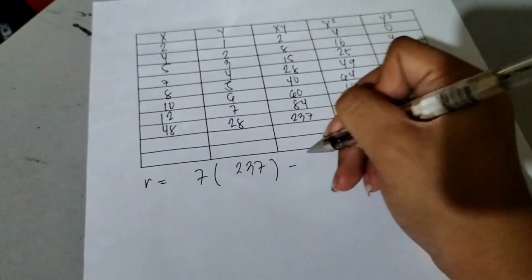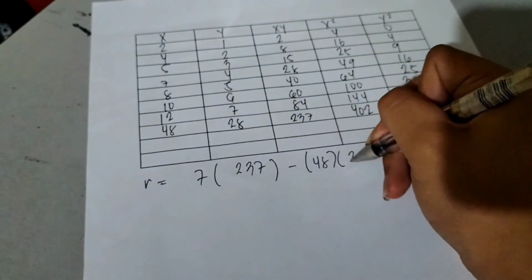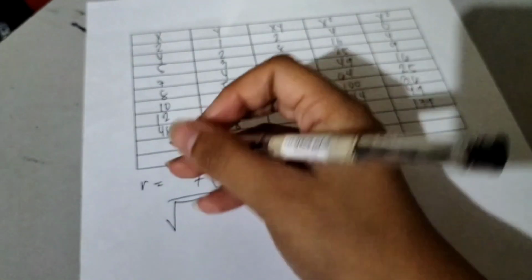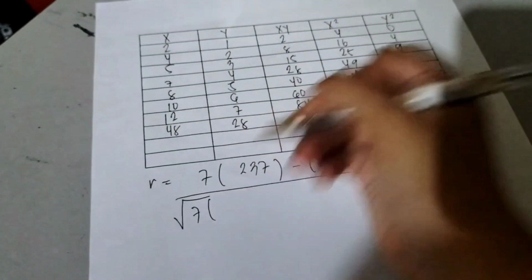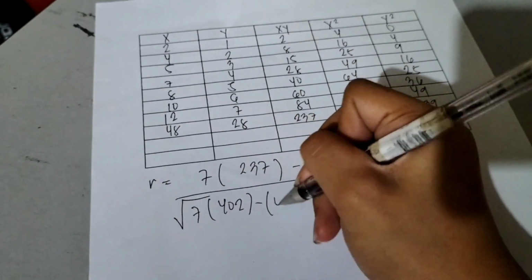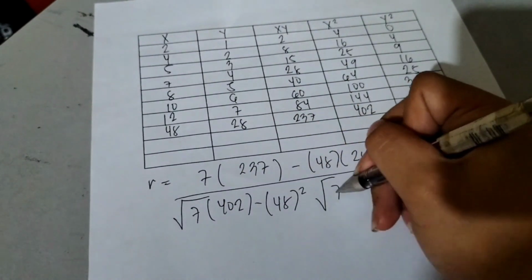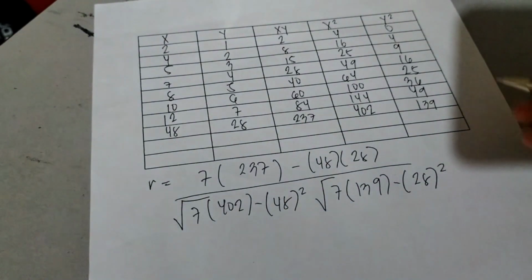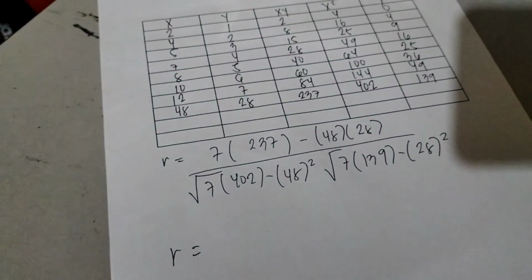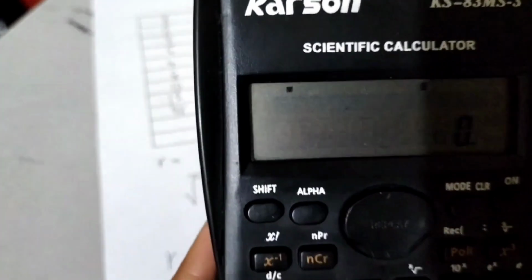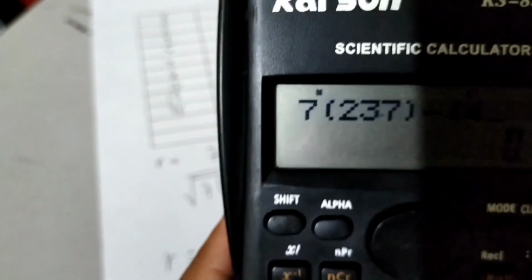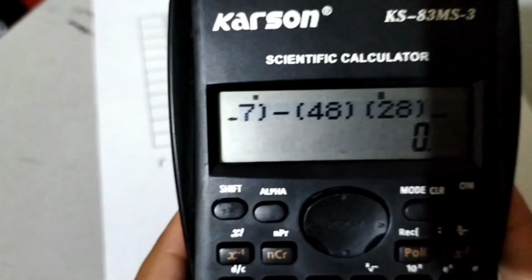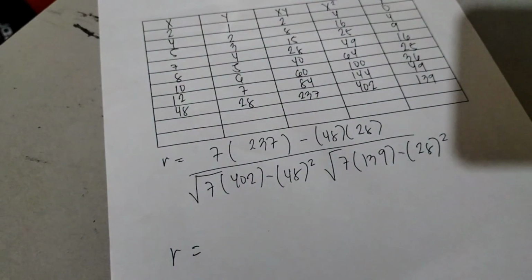So, sample size, open parenthesis, total ng xy minus open parenthesis, total ng x and total ng y. And sa denominator naman, square root, sample size, open parenthesis, total ng x squared, and then yung x, then sunod sa y part ay total ng y squared, and then yung total ng y.